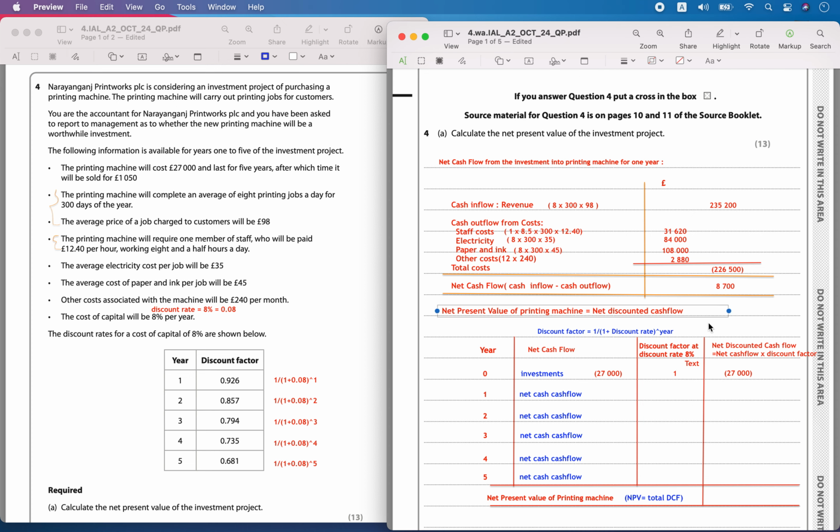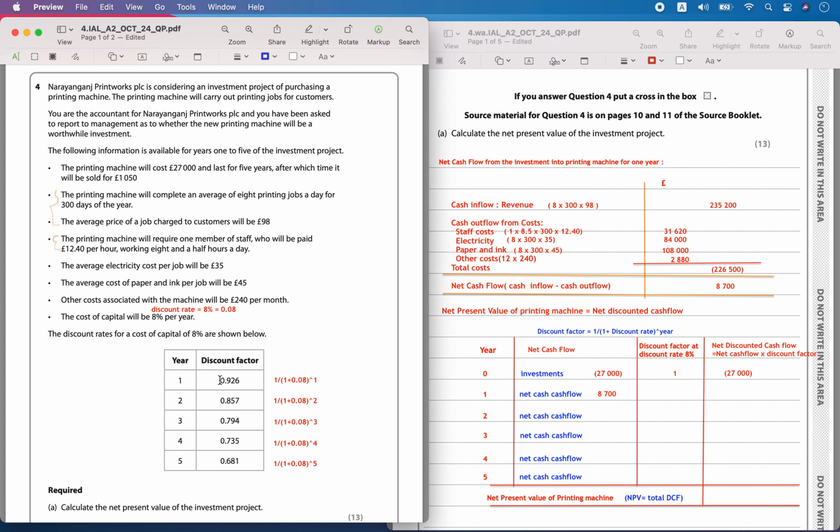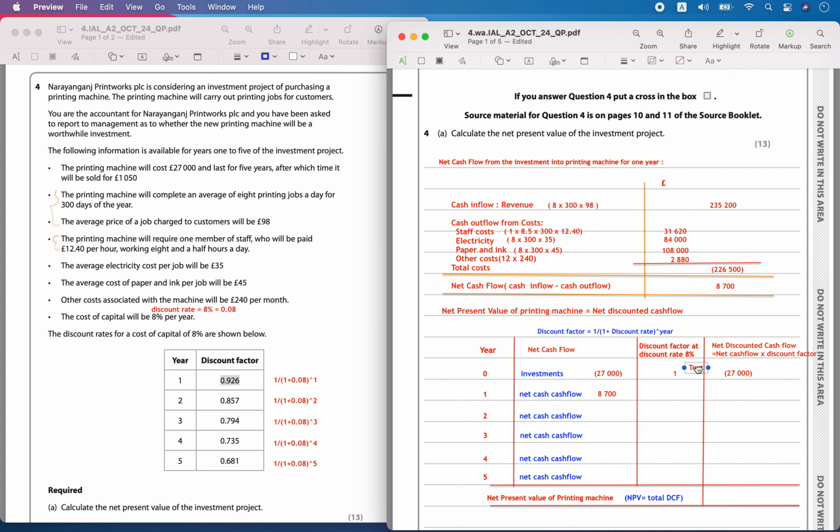Then at the first year the net cash flow happening is 8,700, and the discount factor that you will consider for the first year will be 0.926. Now let's multiply these two, that is 8,056.